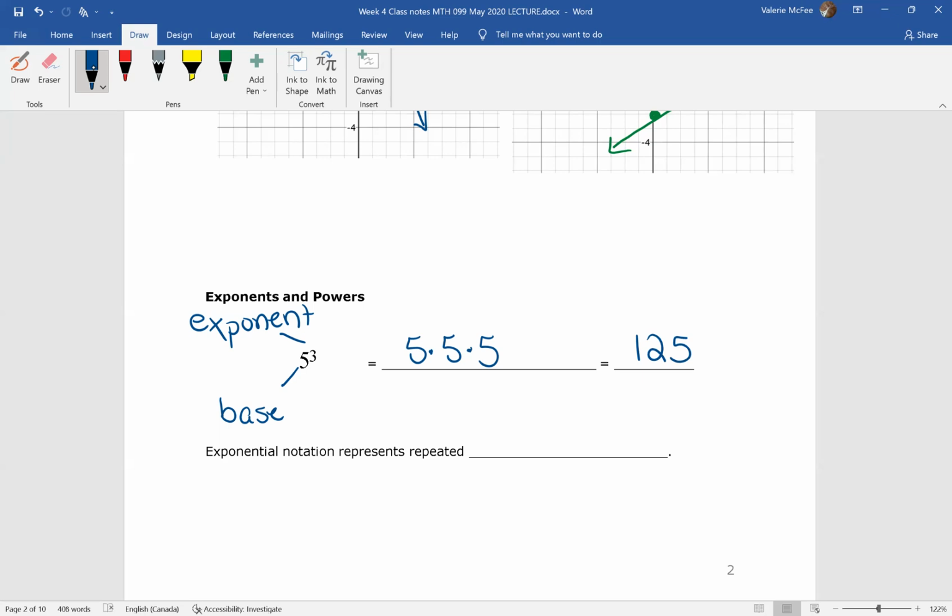Exponential notation always represents repeated multiplication. So those of you who attempt to do 5 times 3, remember, you're not repeating your multiplication there. It has to be 5 times 5 times 5. The base multiplies itself. Wow, I didn't spell multiplication right there, did I? There we go.